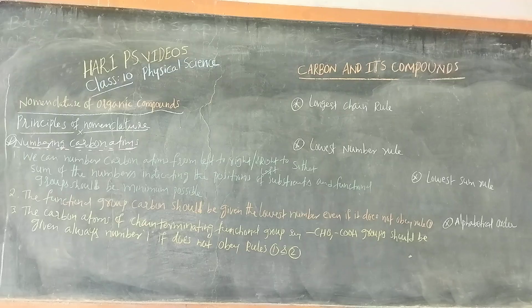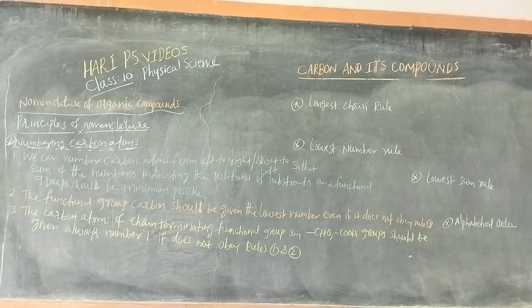Then the second point: the functional group carbon should be given the lowest number even if it does not obey rule 1. What is rule 1? Rule 1 is that the sum of the numbers indicating the positions of substituents and functional groups should be minimum possible.